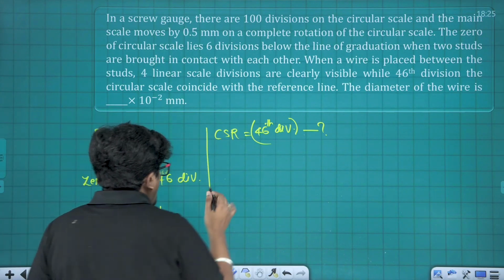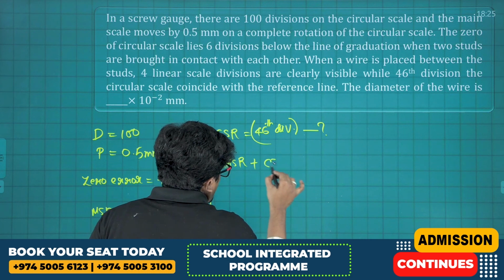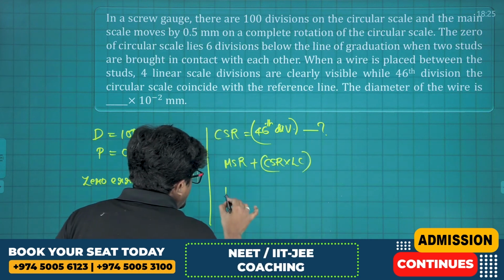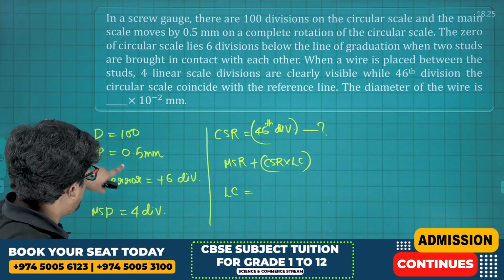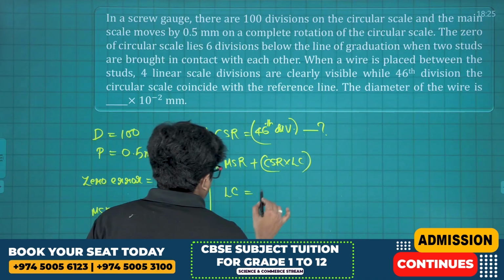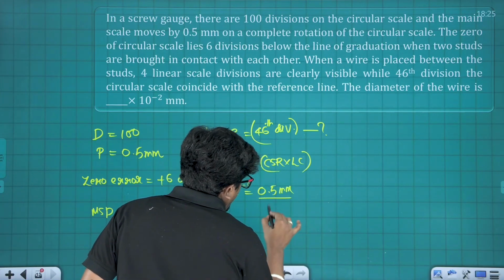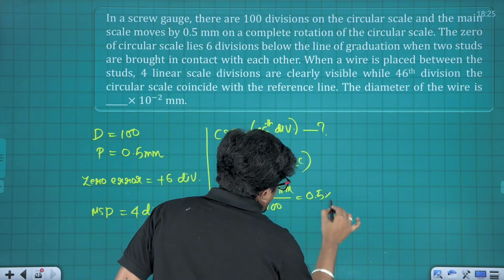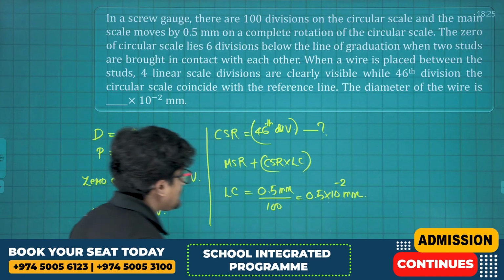Of course we all know that the final reading is supposed to be main scale reading plus circular scale reading into the least count. Now, what is the least count here? The least count is pitch, that is 0.5 mm, divided by 100, that is 0.5 into 10 to the power minus 2 mm.